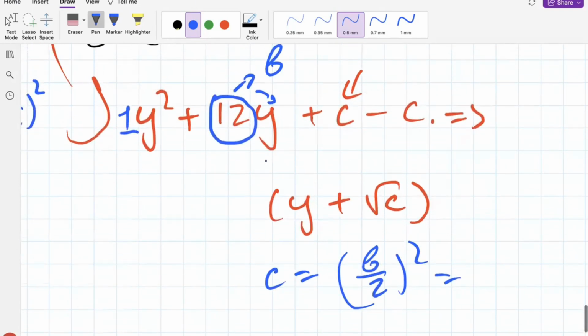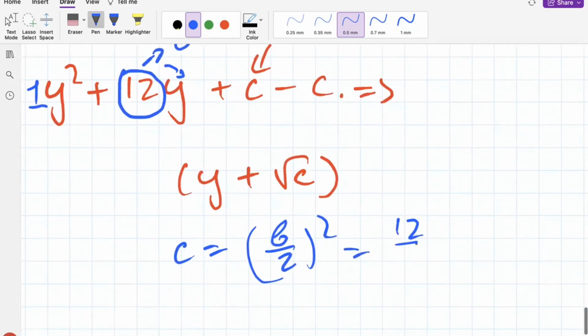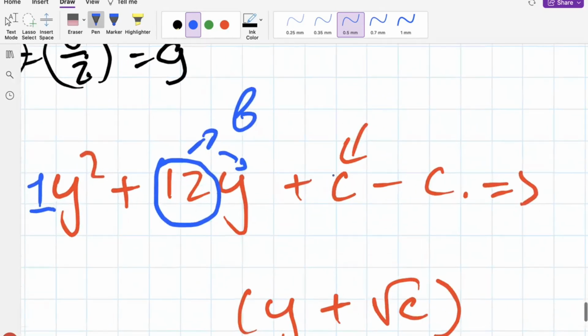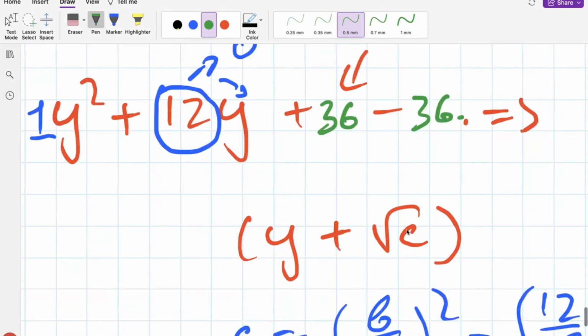If you plug in b is 12, it will be 12 divided by 2, and you square it. 12 divided by 2 is 6, and 6 squared is 36. So you have to add 36, and then subtract 36. And the square root of c, square root of 36, is 6.